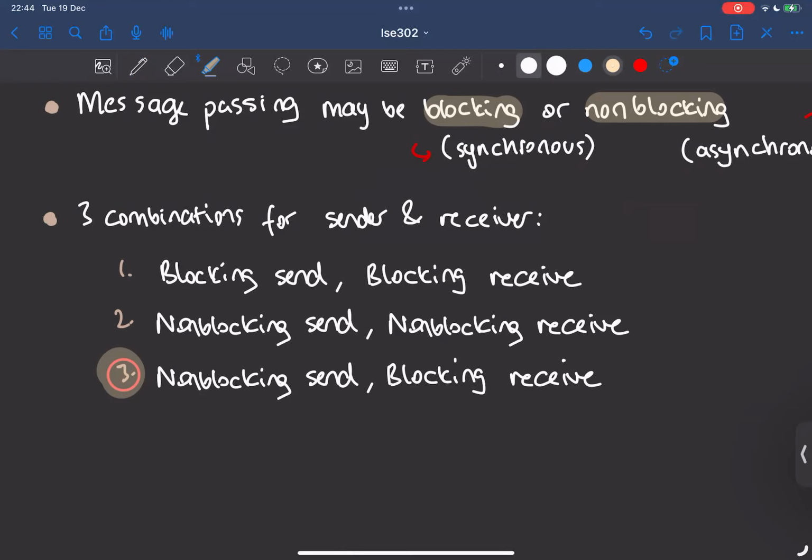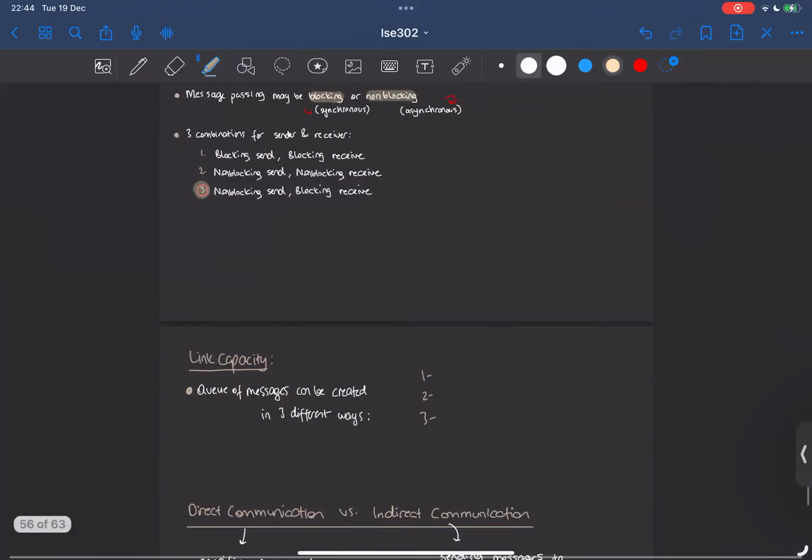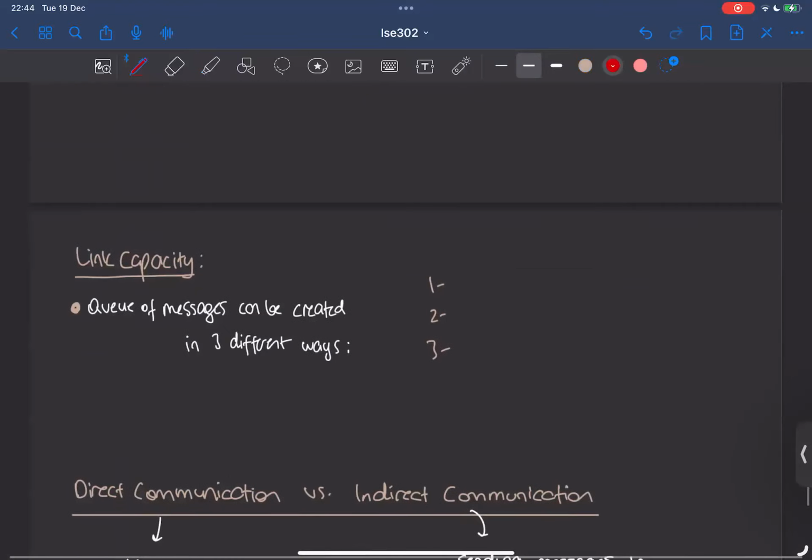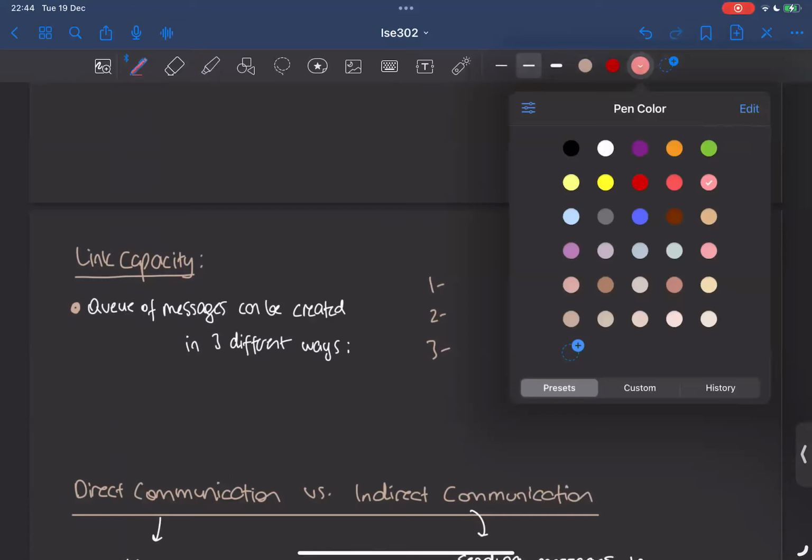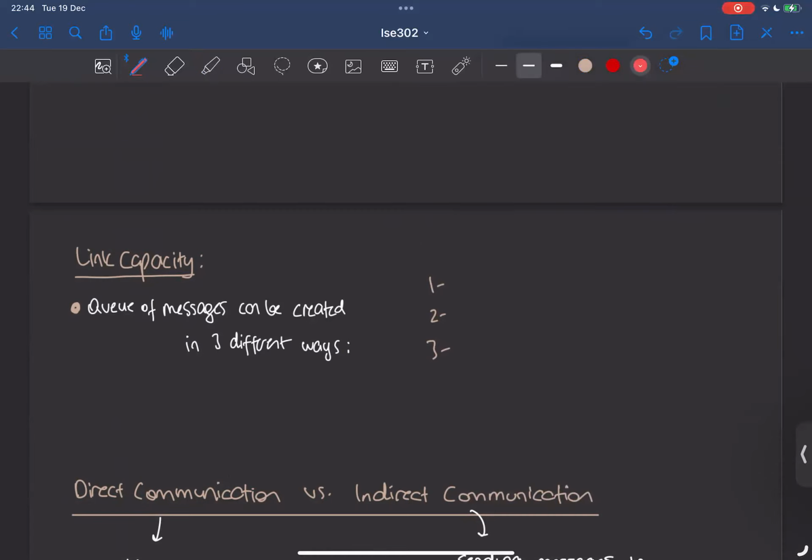Okay, so let's look at link capacity. One of the most important factors in deciding how messages are handled in our system is its capacity, which is usually enabled by a queue connected to the link. There are three different ways to create this queue, and each one affects how sender and receiver communicate.